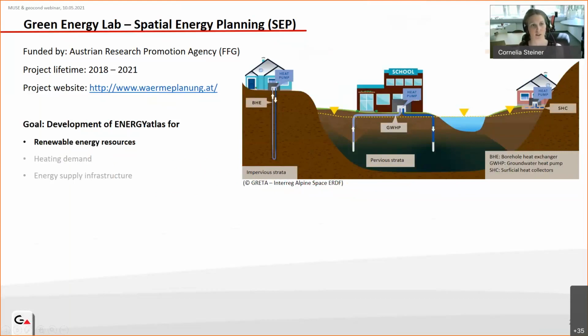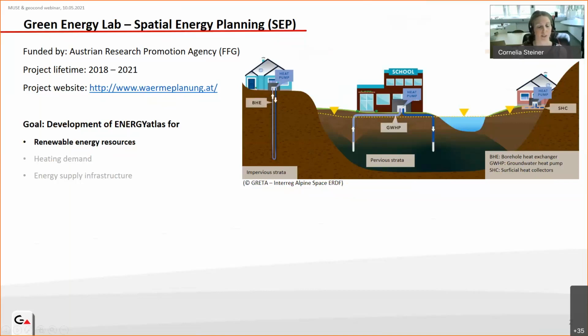So spatial energy planning is funded by a national funding agency, the Austrian Research Promotion Agency. It started in 2018 and it will finish this year. And the goal of this project is to develop a web tool called Energy Atlas that will provide information about renewable energy resources, the heating demand, and also the energy supply infrastructure.